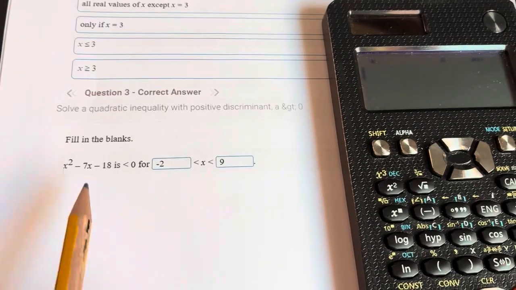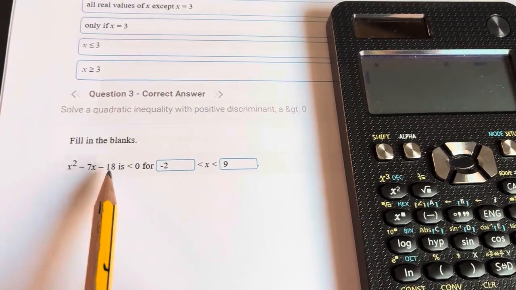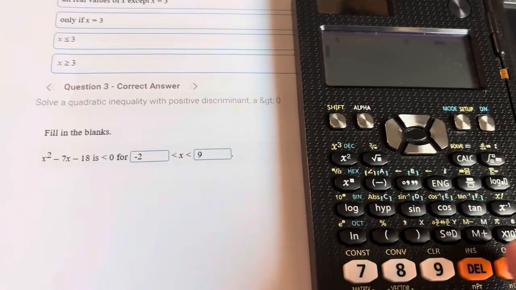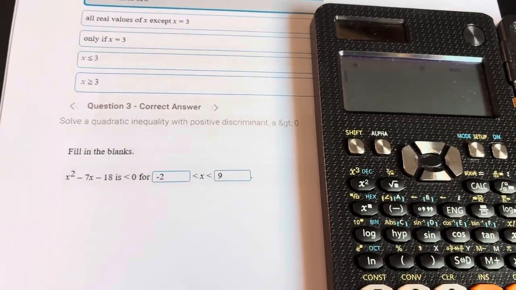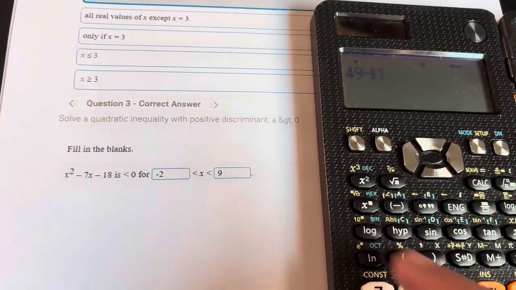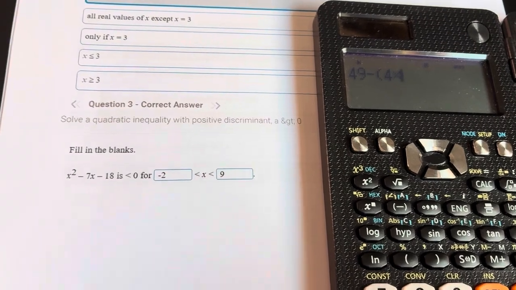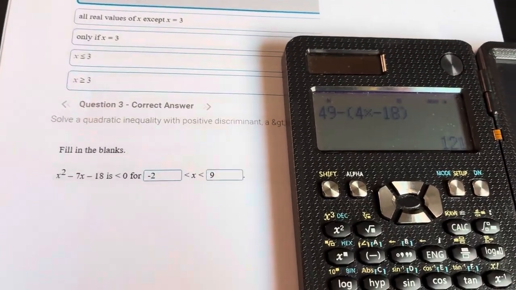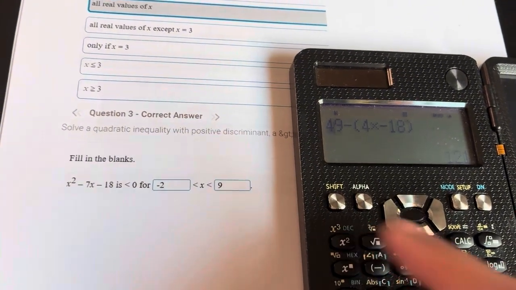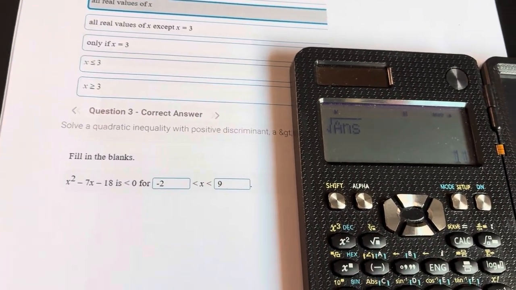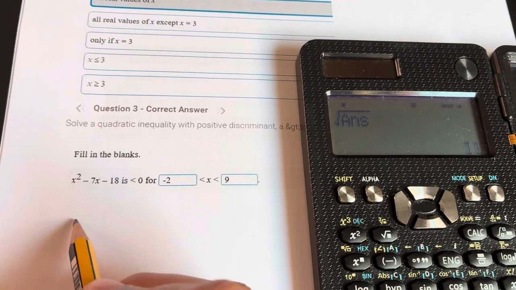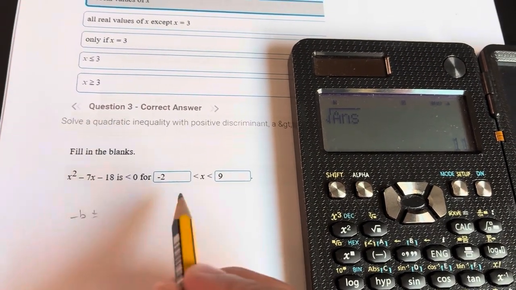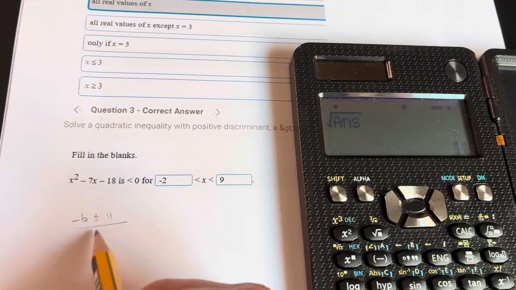Question 3. x squared minus 7x minus 18 is less than 0. So b squared is 49 minus 4 times a is 1, c is minus 18. This is equal to positive 121. The radical answer is equal to 11. So I have minus b plus or minus 11 over 2a.